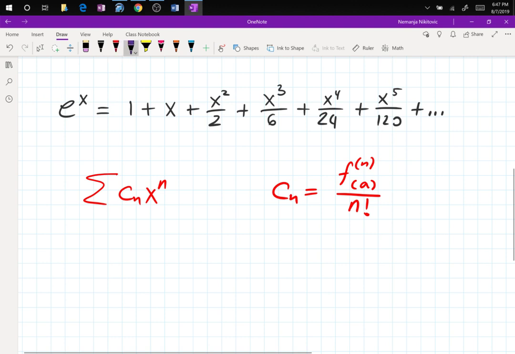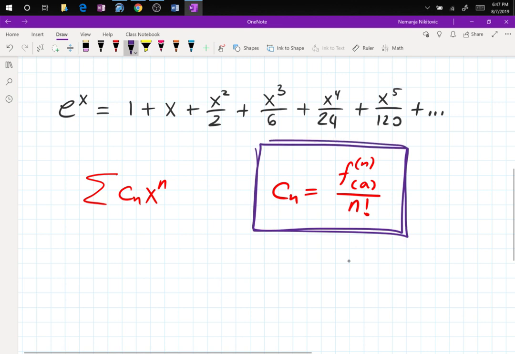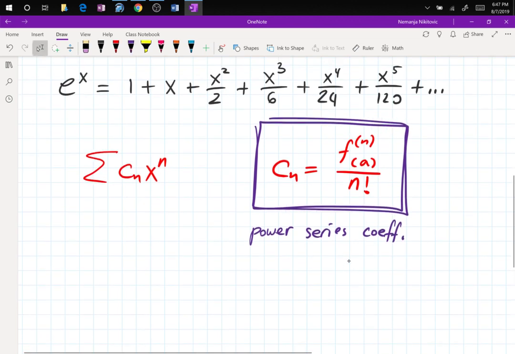This is your formula to calculate power series coefficients. So let's calculate that series up there with what we know. My function f of x is e to the x.